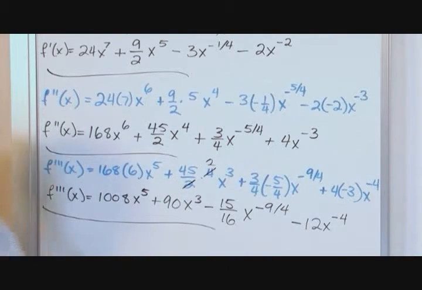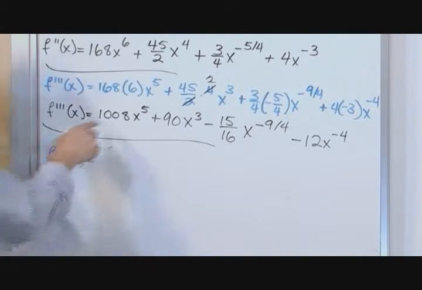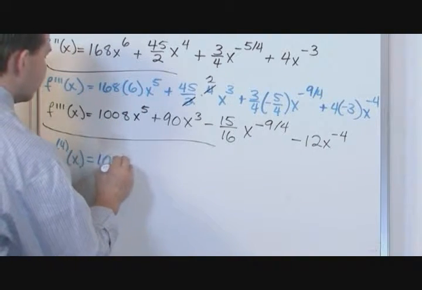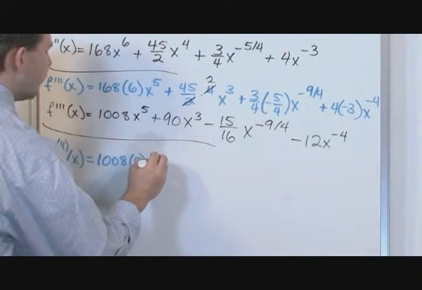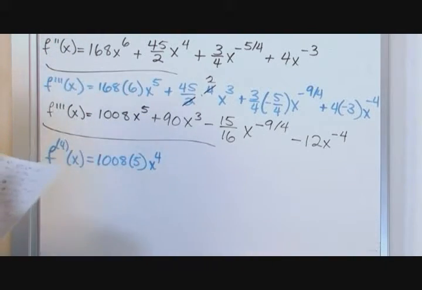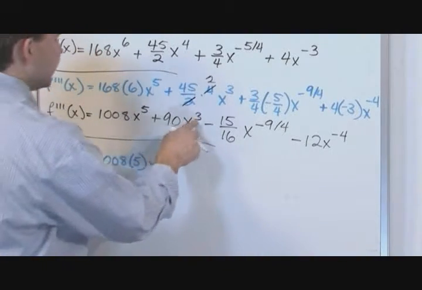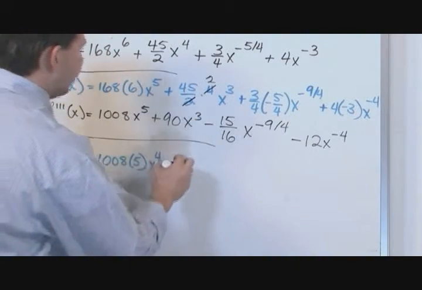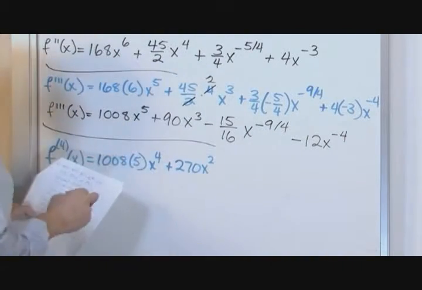All right, so we're doing one more and then we're done. So the fourth derivative of x is equal to: we'll have 1008 times this exponent of 5, x to the fourth power, subtracting 1 off of this guy, plus 90 times 3 is 270, x squared, subtracting 1 off of this exponent.